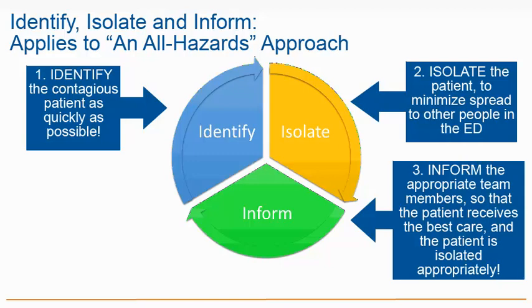You should know who to notify when you think you have identified someone with a serious infection. It might be your supervisor, the emergency department charge nurse, your infection control team, or the triage nurse if you are a clerk. Your emergency department team will help to make sure that your patient is appropriately isolated while still providing the safe and effective care that he needs.